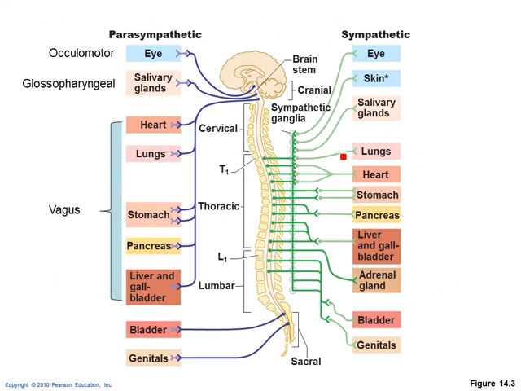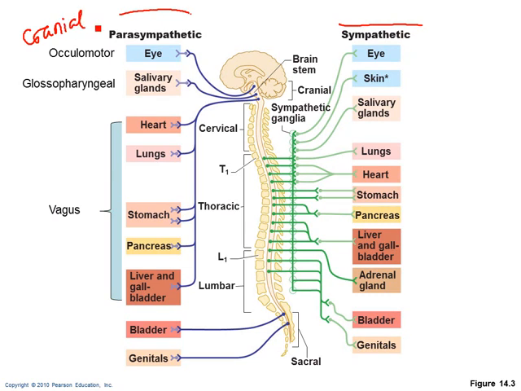This is a schematic of the parasympathetic and sympathetic innervation. You'll notice that most of the parasympathetic innervation comes from three of the, which nerves? Cranial nerves, exactly.